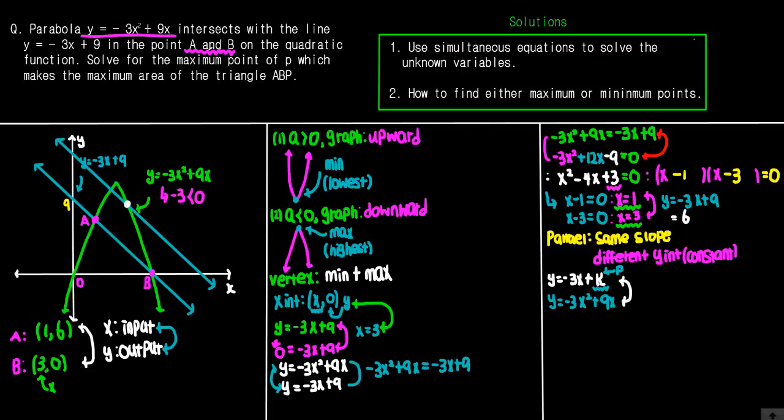The most important thing when applying elimination is that one side should always be equal, and in this case the left sides are both y, so we don't have to write it down. We can simply set both sides equal: negative 3x plus k is equal to negative 3x squared plus 9x.